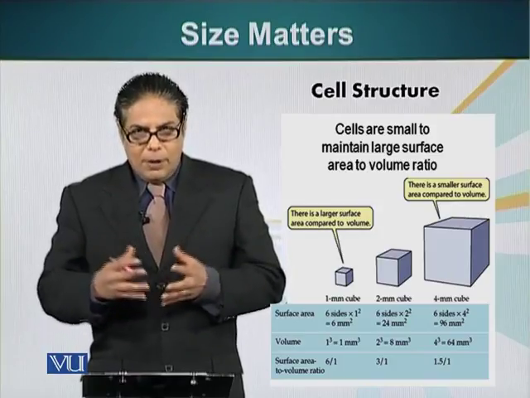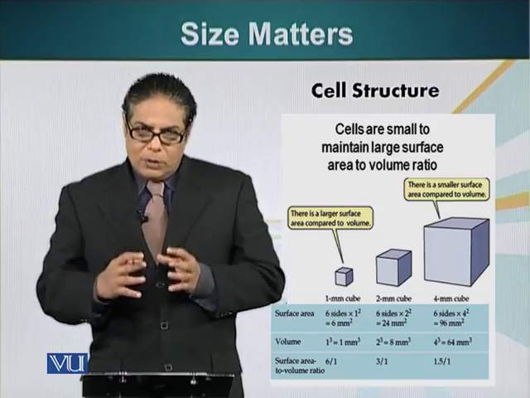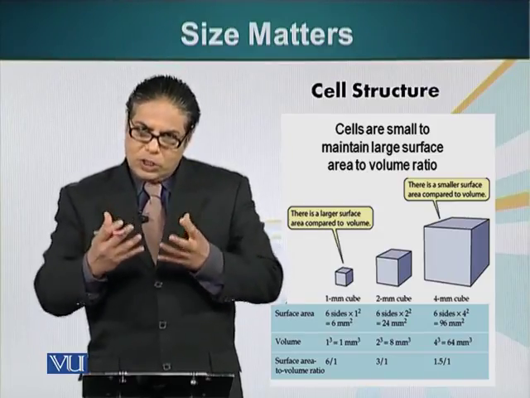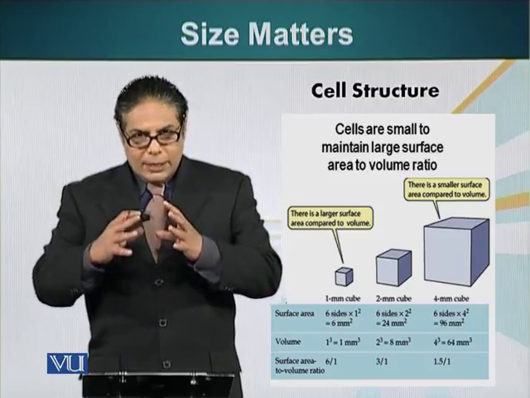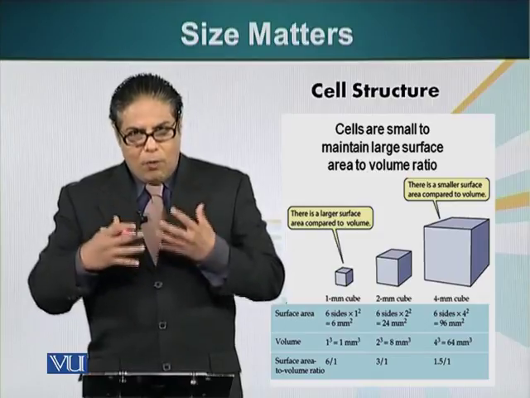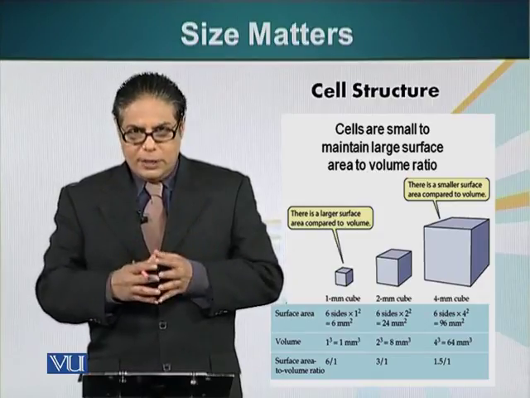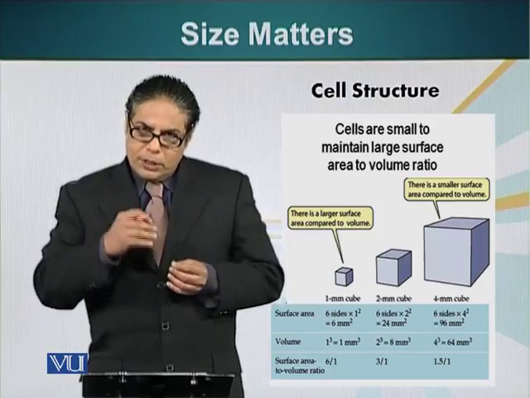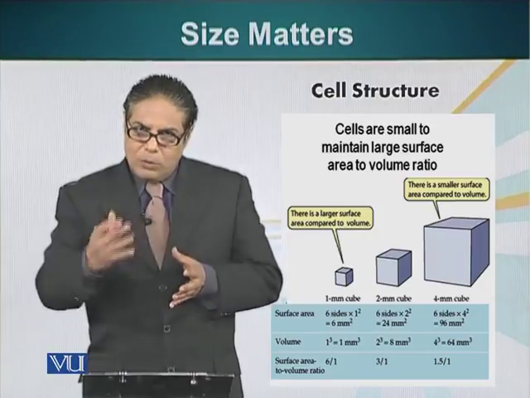It produces carbon dioxide. Carbon dioxide has to be exported out, whereas glucose and oxygen have to be brought in. So as the size of the cell increases, its requirement for raw material also increases, and so does the demand to export the waste material outside the cell.